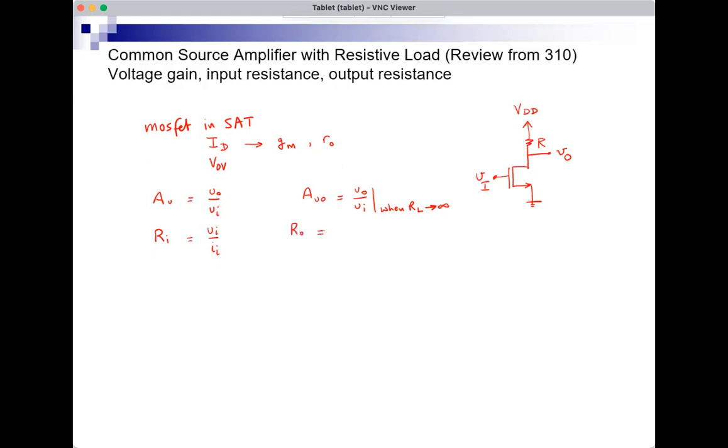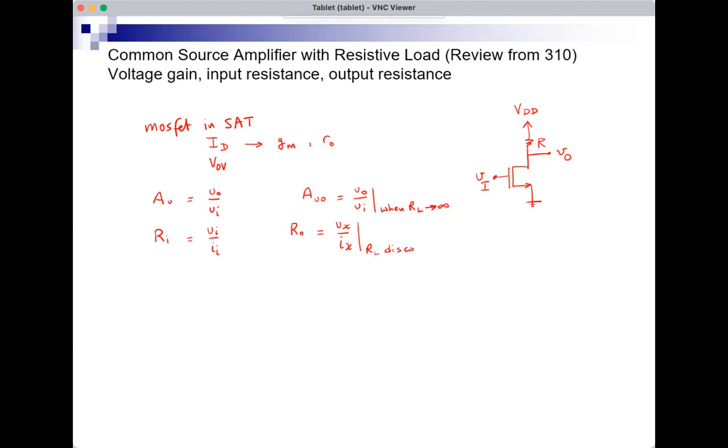And RO is not the output voltage divided by the output current. RO is, we connect a test source, Vx, and from this test source, a current Ix would flow when we connect it at the output, and we set the input to 0. So if there is a load, we disconnect it.